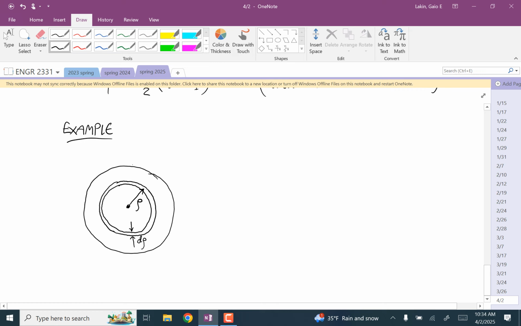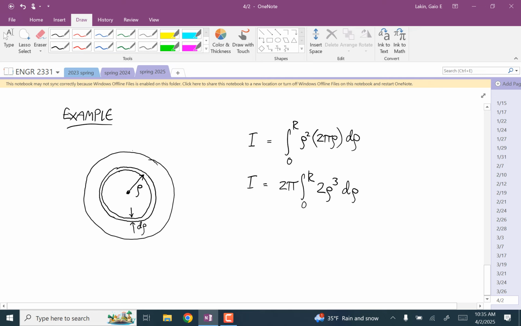So now our polar moment of inertia is equal to the integral from 0 to, let's say, capital R of rho squared times 2 pi rho d rho. I'll pull out the 2 pi, and we get rho cubed d rho.